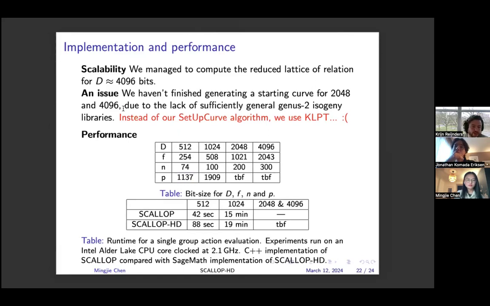Can I ask a follow-up question there? Can you not express the points as well in this deterministic basis that you had? This is the image of the 2 basis points, right? So we have to give the 2 images. But why can you not express them in a basis for your 2^e torsion? So also the images could be expressed in that basis, right?